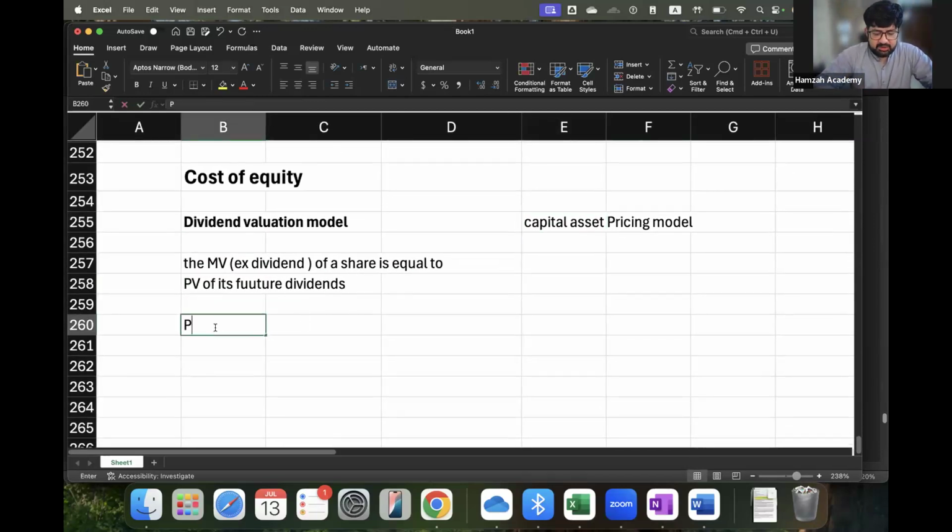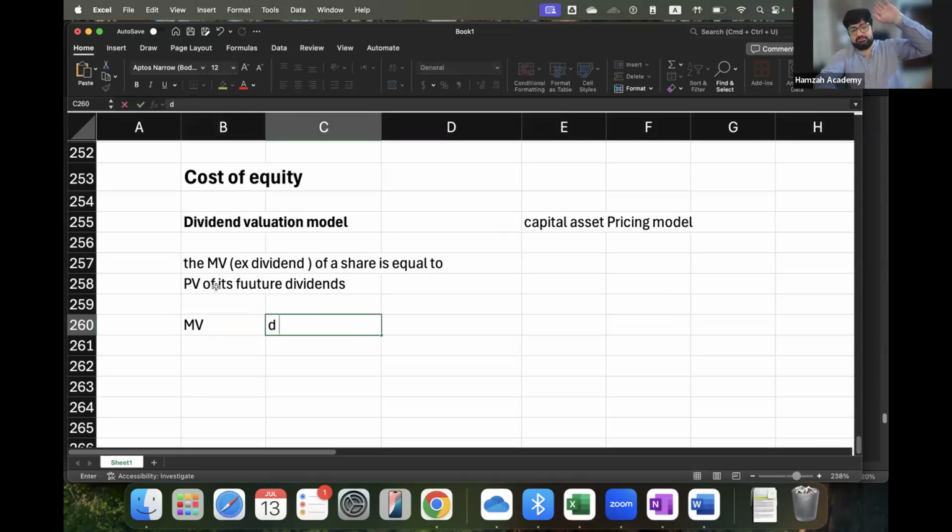Now, the market value of a share is equal to the dividend, if D is given for the foreseeable future, and it assumes that the dividend is constant. The same dividend will be paid every year. Dividend D into 1 over R, perpetuity.